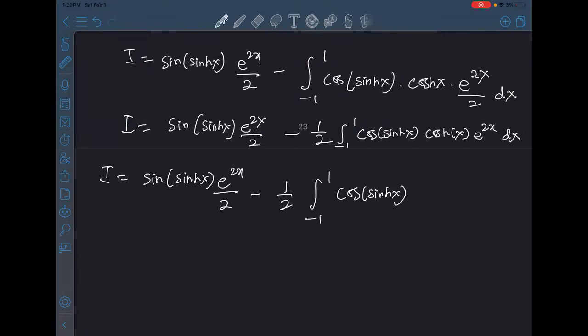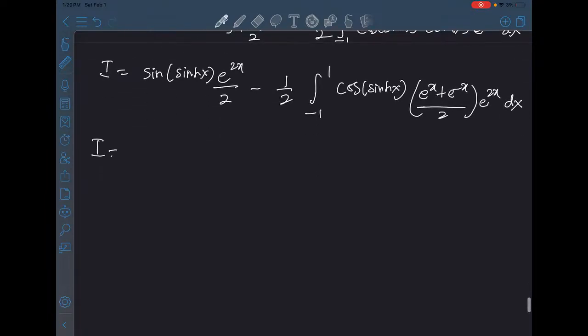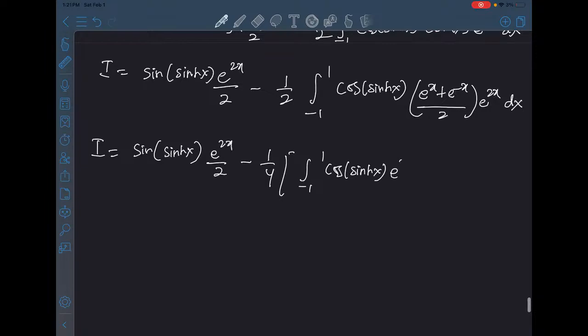So now I can break this, right? I can break this as e to the power x plus e to the power minus x by 2 times e to the power 2x dx, right? So I is equal to sine of sinh x, but I don't think that's gonna help me, into cos of sinh x e to the power 3x.